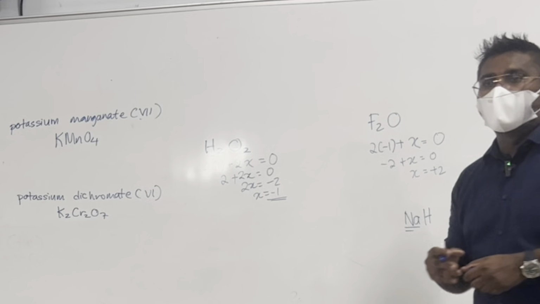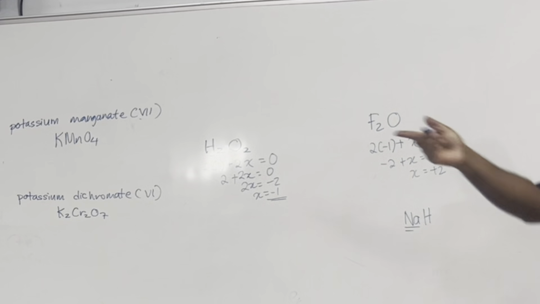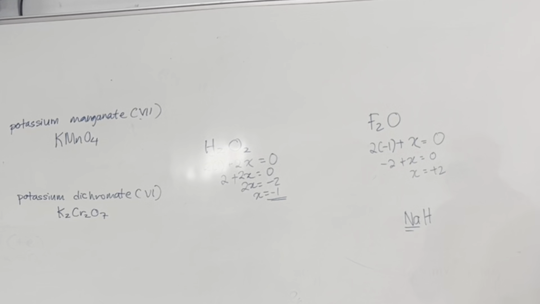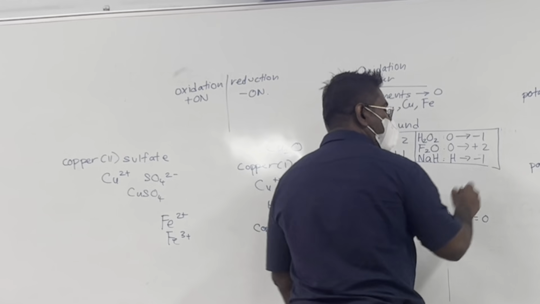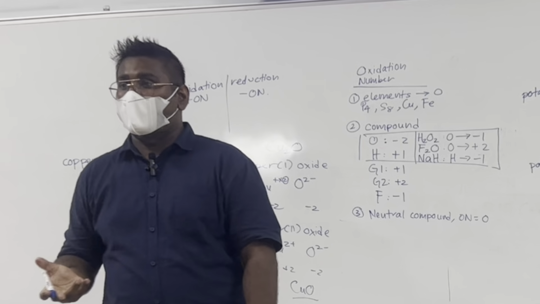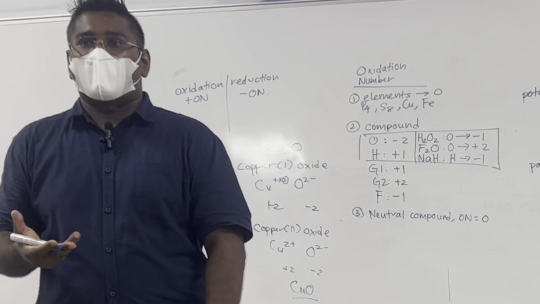Sodium is group 1, and I told you group 1 in a compound must follow +1. So this is +1, hydrogen is X, overall is 0, and X equals -1. So in metal hydrides, hydrogen is no longer +1, hydrogen is -1. So these are the exceptions.